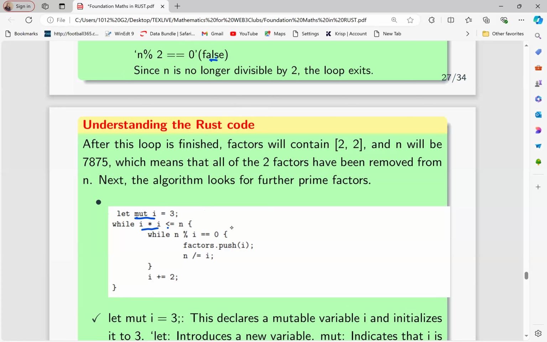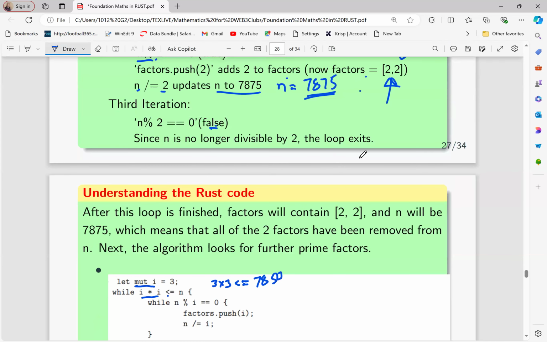So in this case, we shall check if 3 times 3 is less than or equal to the number we are coming with. The number was 7875. So we check. If it's true, then we shall proceed.